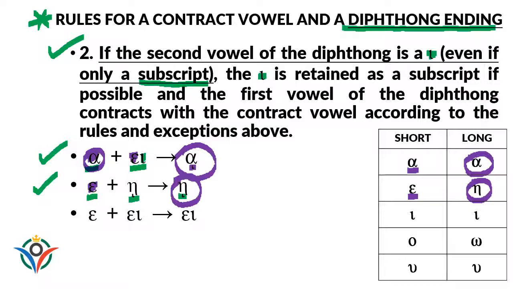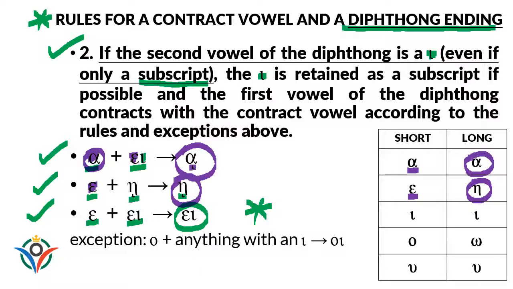The third example, we have epsilon plus the diphthong a. And if you remember, this one was an exception that I mentioned to you earlier. When you see this, it's going to remain an a. Right, but there are one or two more exceptions that I just want to make you aware of. The exception here is omicron plus anything with an iota will always be the diphthong oi.